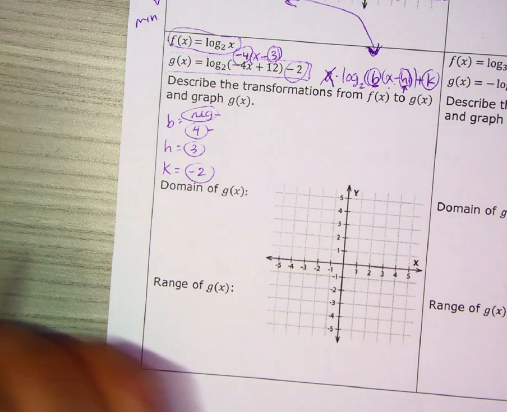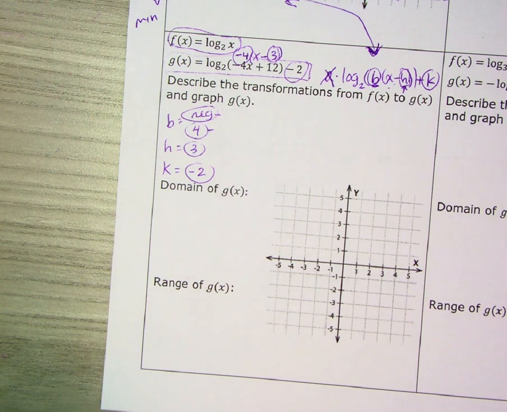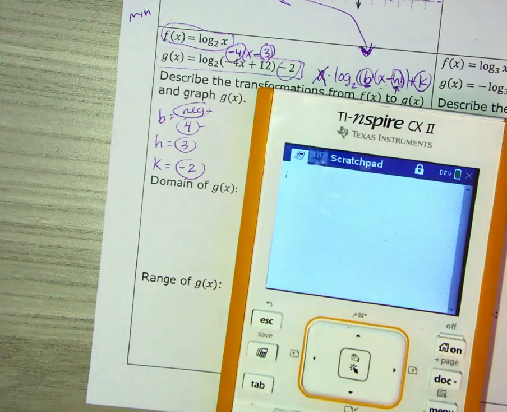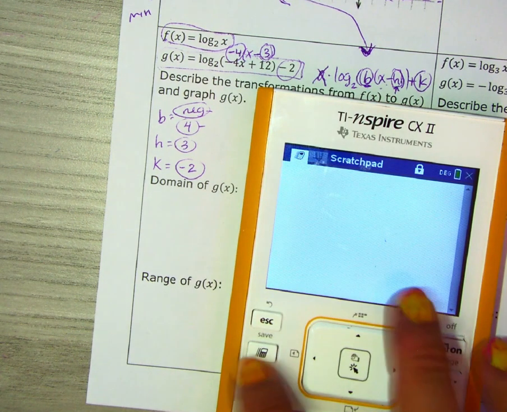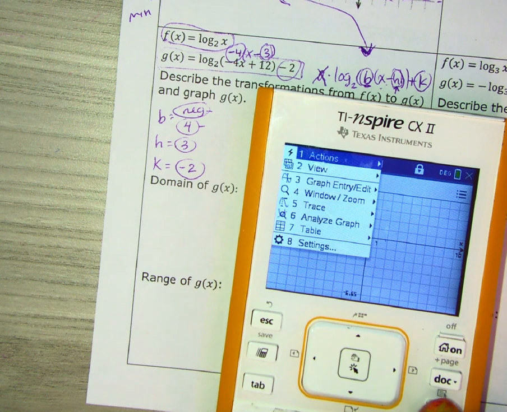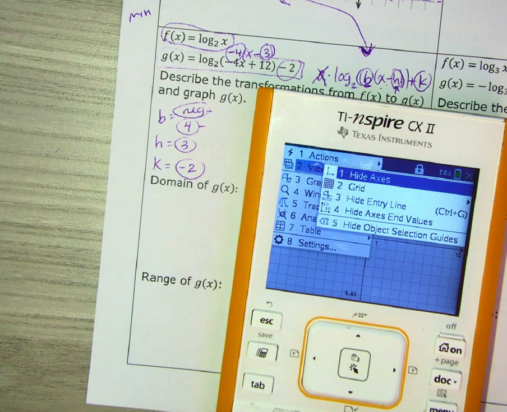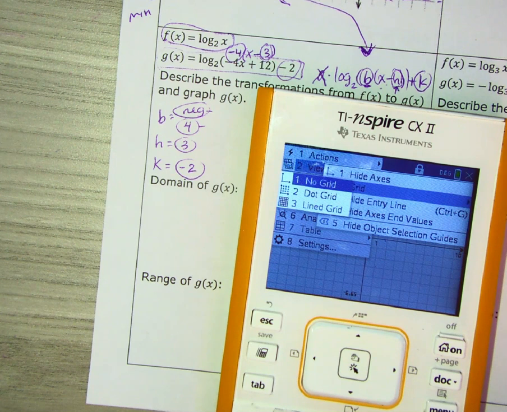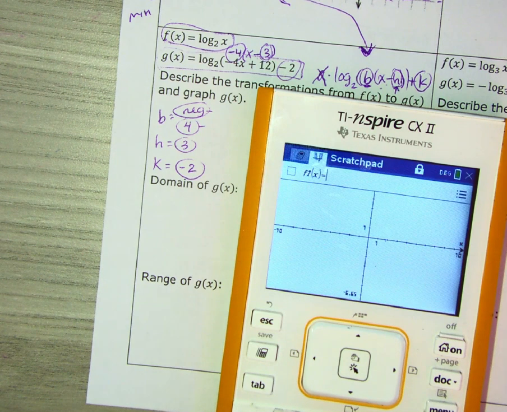All right, so let me clear my calculator. And then let's go ahead and graph it so you can verify what each one does. And again, you can go by the anchor chart on the Instagram page or graphing it. So I'm gonna hide the grid. I don't know why the grid appears.